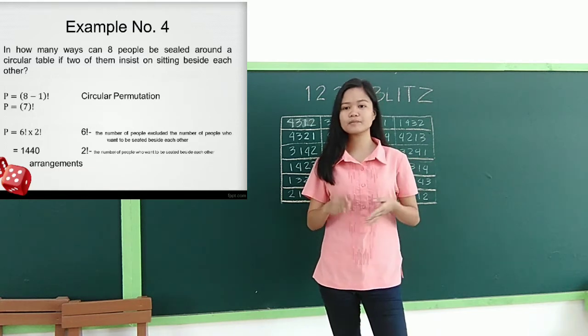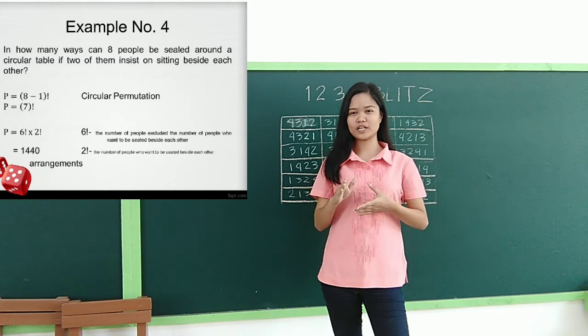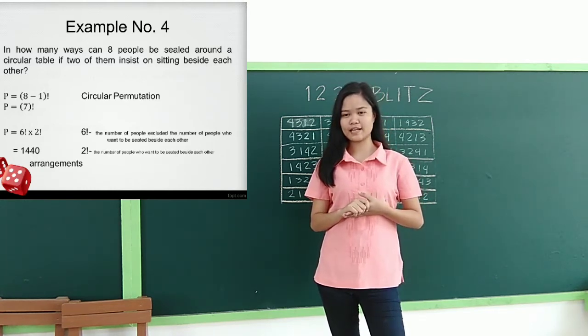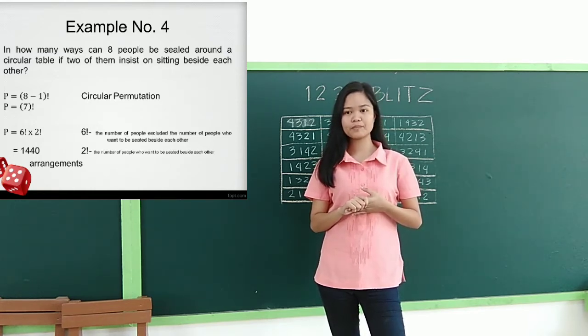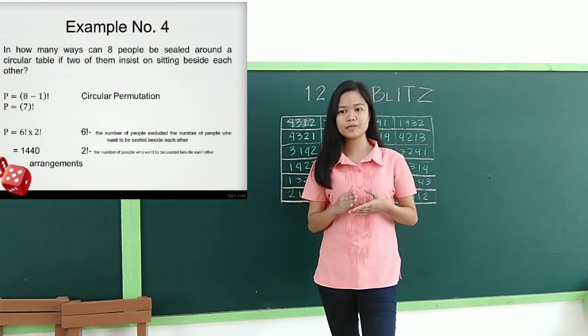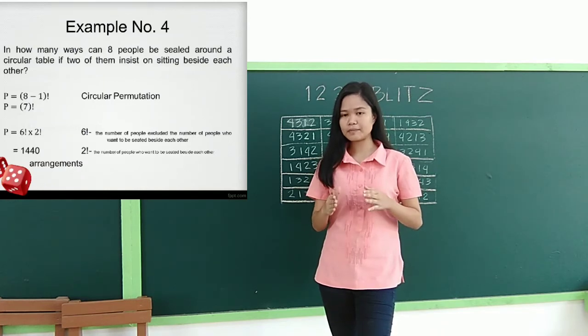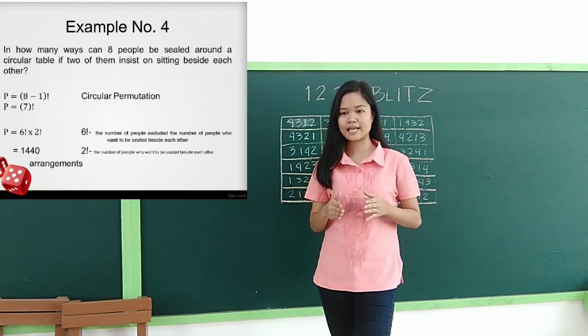Using the circular permutation, substitute n minus 1 factorial, we obtain 7 factorial. And then, we multiply by 6, which is the number of people excluding the two who want to sit beside each other, multiplied by 2 factorial, which is the number of ways the two people who want to be seated beside each other can be arranged.